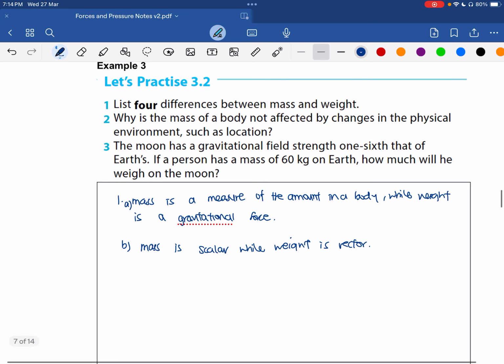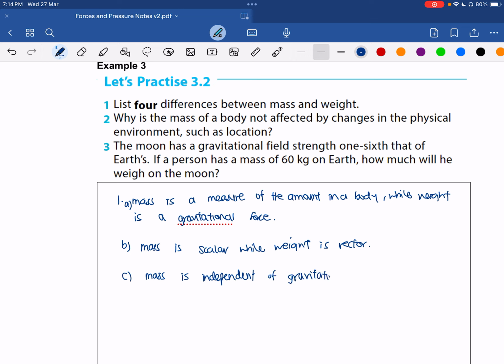Third one, mass is independent of gravitational field strength, while weight is dependent on gravitational field strength.